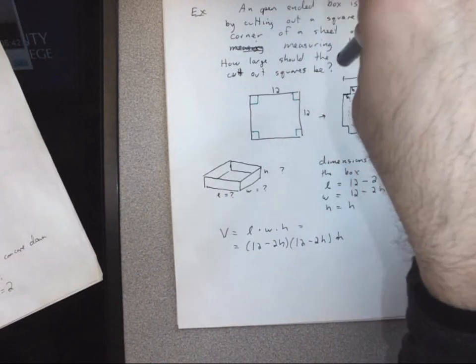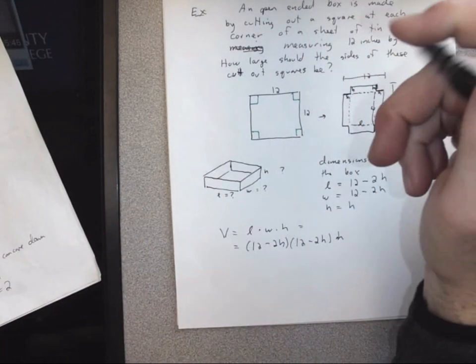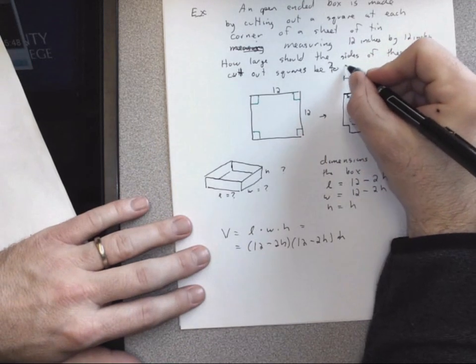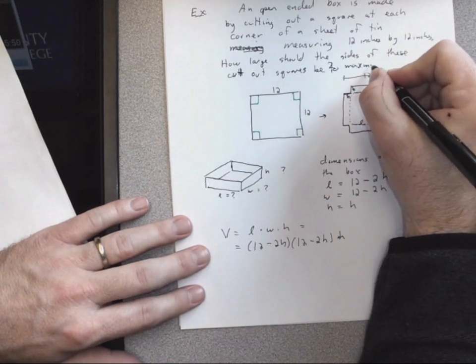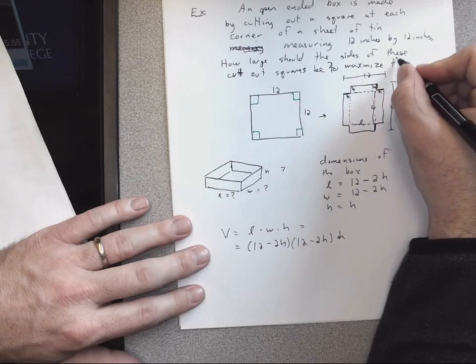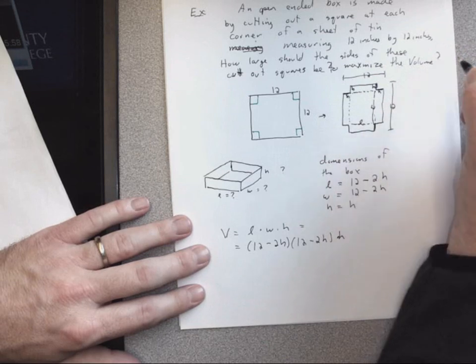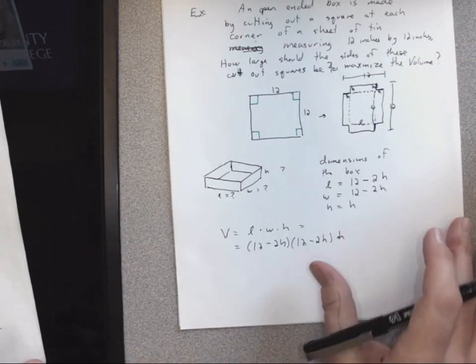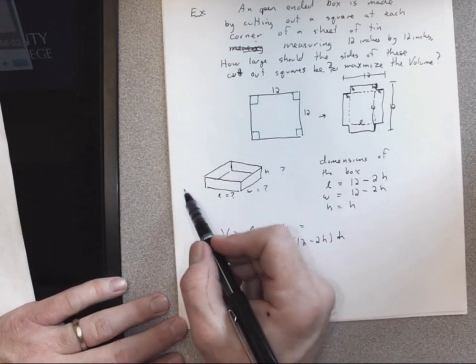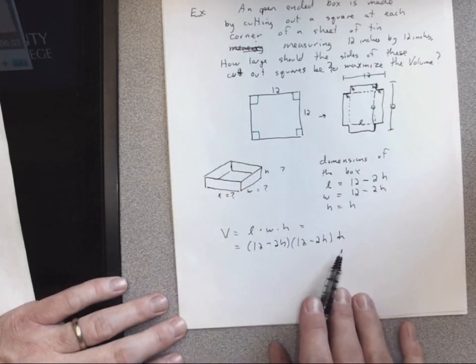So what I'm trying to do is maximize the volume of this box. In order to maximize the volume of the box, I need an expression for the volume of the box.